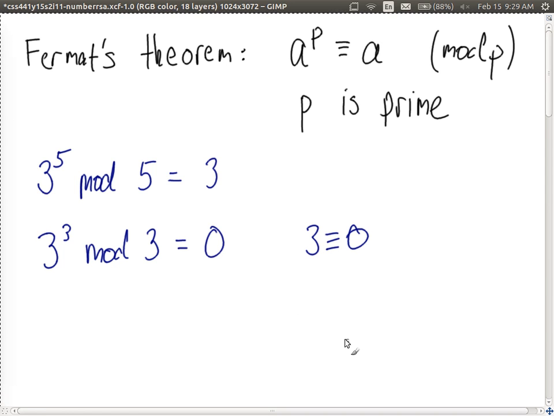The other theorem. So we'll come back to that. We'll see it in play, but let's just give you the other one. Euler's theorem. And there are two forms again.